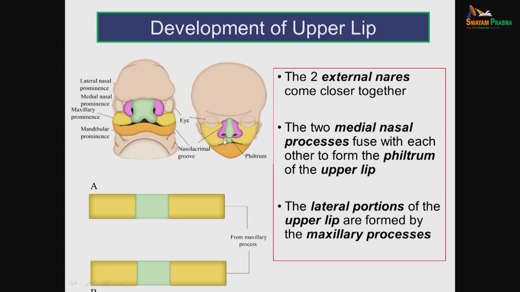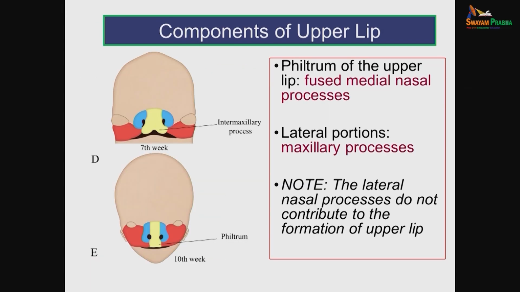The lateral portion of the upper lip is going to be contributed by the maxillary process. So, the philtrum of the upper lip is going to be formed by the fused medial nasal process. The lateral portion, what is marked as red, is going to be formed by the maxillary process.